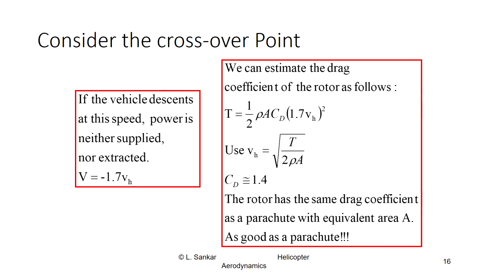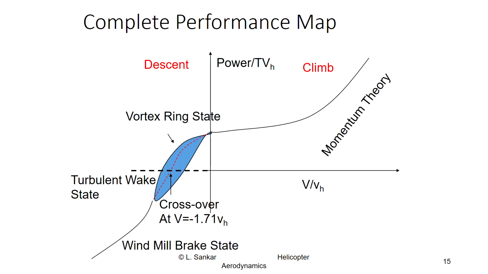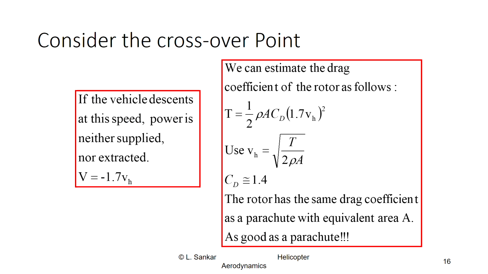Now, the crossover point, which we saw here at the x-axis, is minus 1.71 times VH. So if you look at T equal to 1/2 rho A times some effective drag of the rotor, CD, times 1.7 VH squared, this is the velocity at which you are descending.